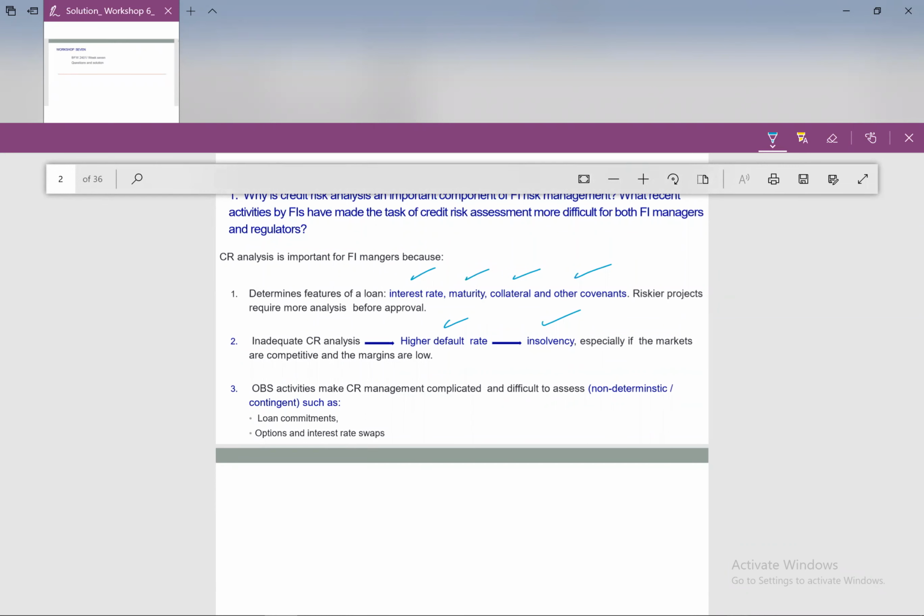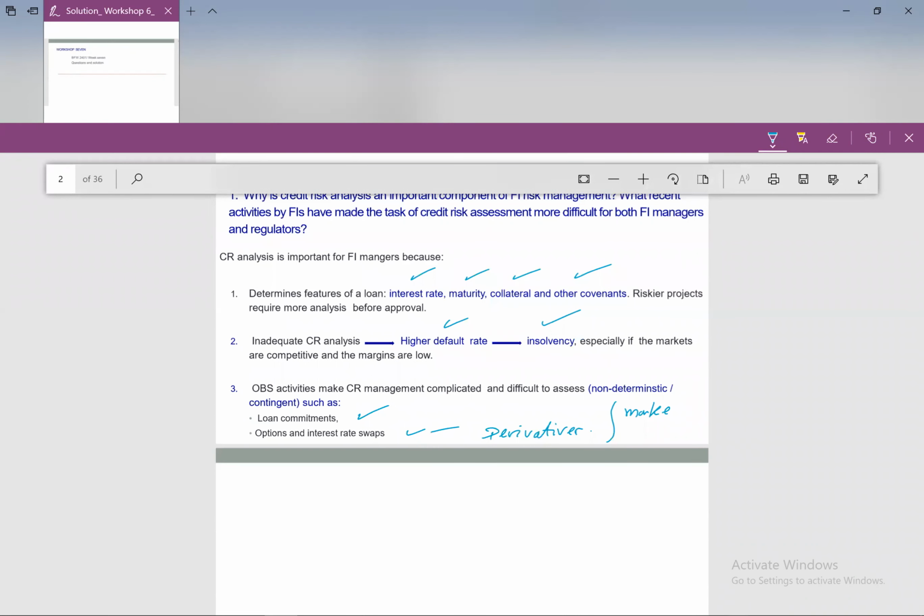And as you can see, this is because of the loan commitments, which are contingent issues, and also the derivatives. This we cannot control. This is related to the market.